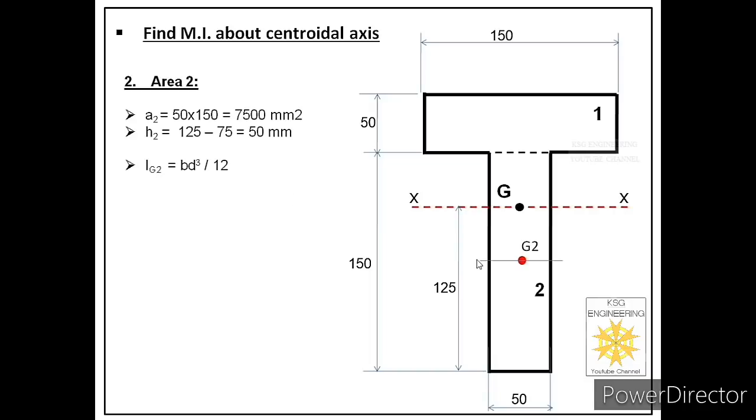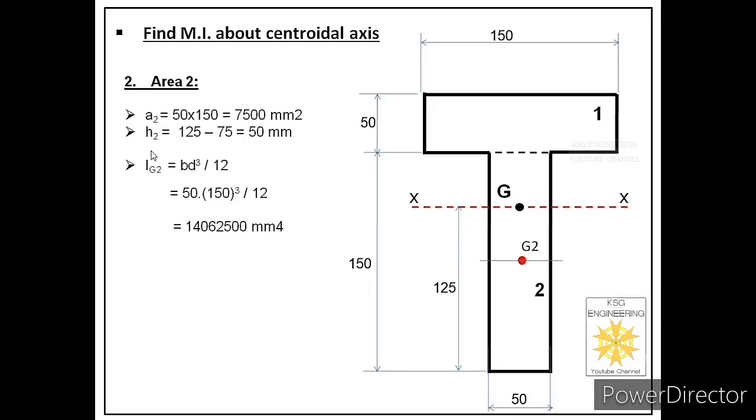Now we know that the side of the rectangle which is parallel to the axis will be considered as B and the other side will be considered as D. It means in this formula we have to write 50 into 150 cubed by 12. So from this we will get the value of the moment of inertia of area 2 about its own centroidal axis.